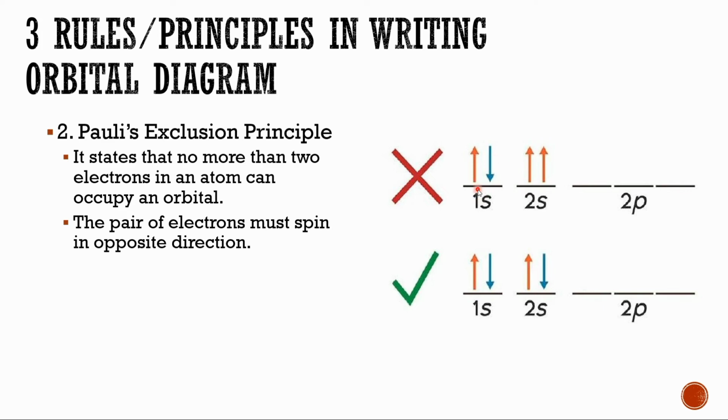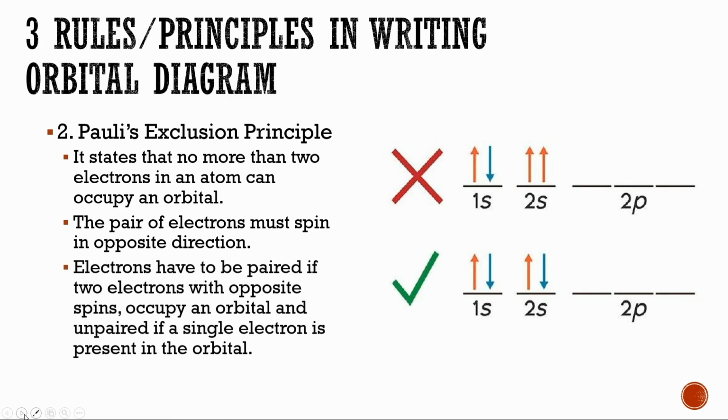Dapat yung those electrons are spinning in opposite direction. Isang up at isang down or isang down at isang up. It's either. Parehas po yun. Wag lang po yung same direction po yung spin. Yun yung ini-emphasize dito sa Pauli's exclusion principle.